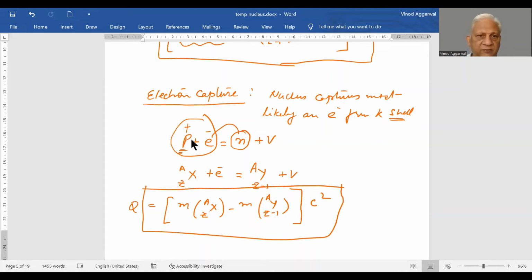Obviously, the number of protons decreases, so the value of Z becomes less, and in this process so much energy will be released.